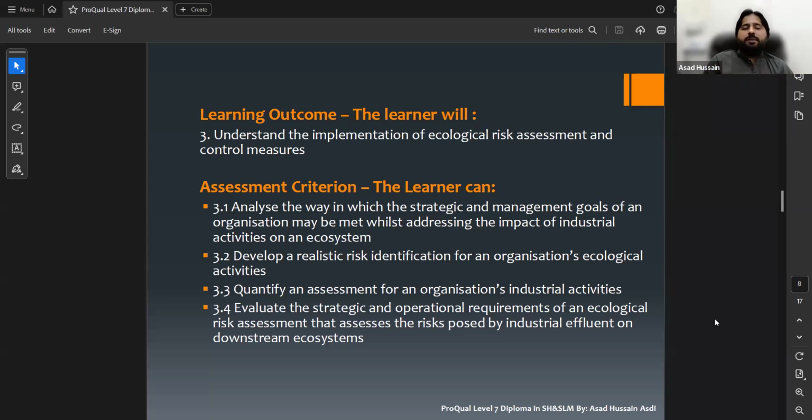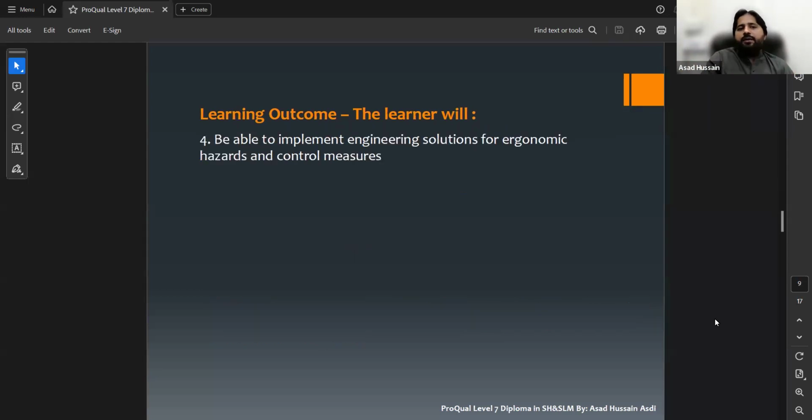So here the evidence will be something coming from the top management, something coming from the strategic management, showing how they are considering ecological risk assessment, how they are considering the ecosystems, and what arrangement they have made through, you can say, a strategic plan or operational plans. So anything like that which endorses this fact can be enough for this assessment criteria 3.4.